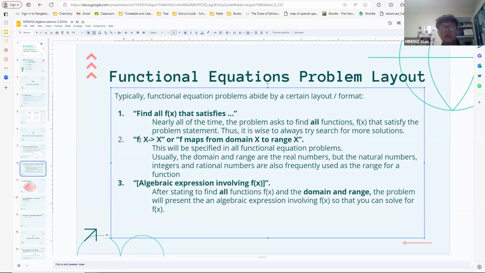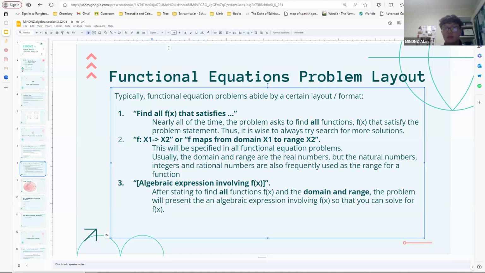Then it's usually f, and then there's this symbol, X arrow X, which basically tells us f maps from domain X to range X. I'll call this one X1 and X2. This is specified in every single functional equation problem, and usually it's real numbers.